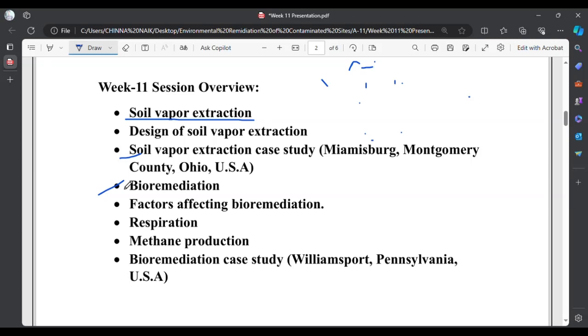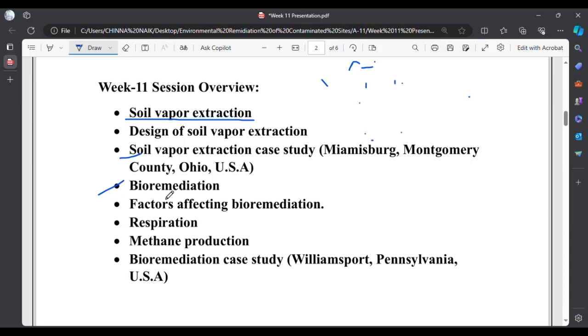We are just simply introducing microbial strains to the particular contaminated site, and with the help of microbial activity we are trying to degrade the contaminants, or immobilize the contaminant, right?